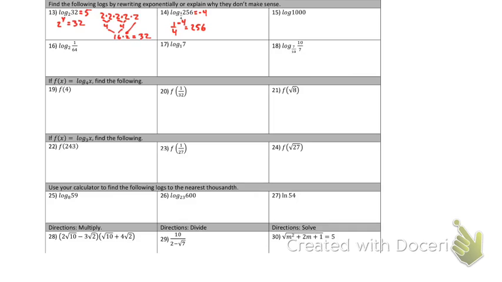All right, let's do number 19. All we're going to do is take this function, and in number 19 it says, instead of plugging in x, I'm going to plug in 4 for x. So my function looks like this: f of 4, so log base 4, and instead of x, it's now 4.